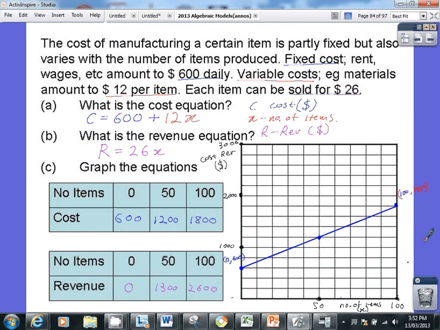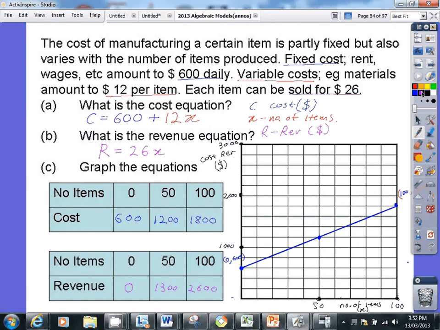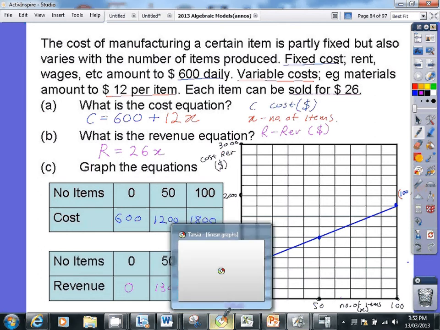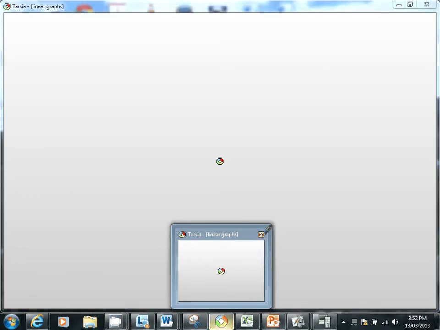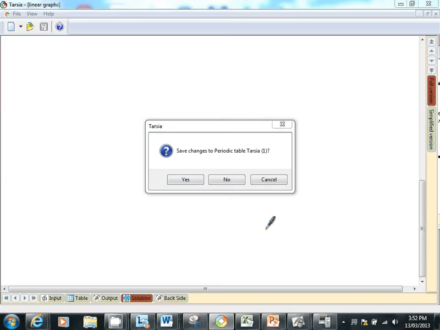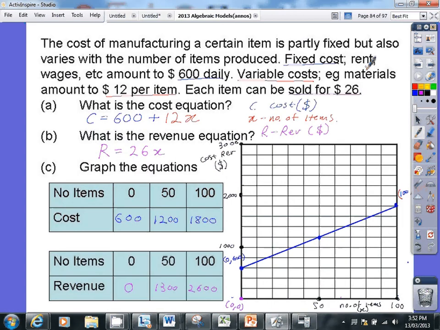Okay, then the revenue. So we've got 0, 0 down here. Along the way, 50 and 1,300. You don't really need to get these ones that are in the middle. Oops, get out of the way. Sorry about that. Okay, these ones along the middle, you don't really need them.